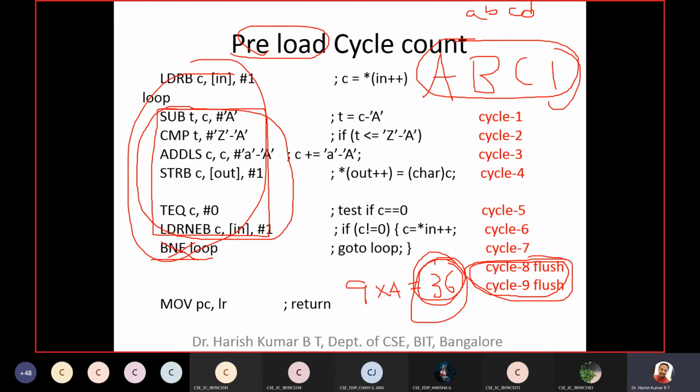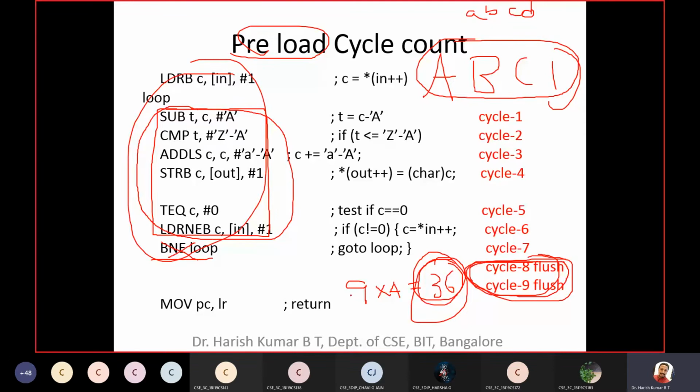I have written this BNE for my convenience, because I'm not repeating this 4 times myself; I leave the burden on the processor. As long as this condition is true, keep repeating. That is the burden on the processor, because every time BNE is executed, it has to flush the pipeline by spending 2 additional clock cycles.